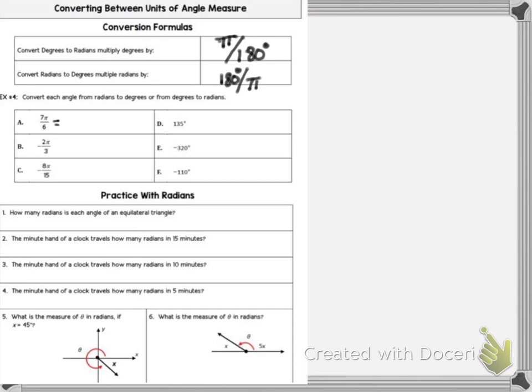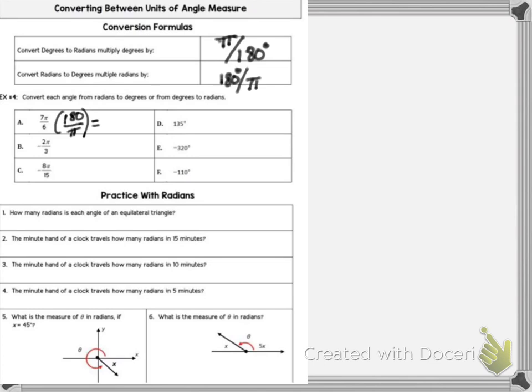All right, the example says convert each angle from radians to degrees or from degrees to radians. So I have 7 pi over 6, and I want to convert from radians to degrees. So I'm going to multiply this by 180 over pi.